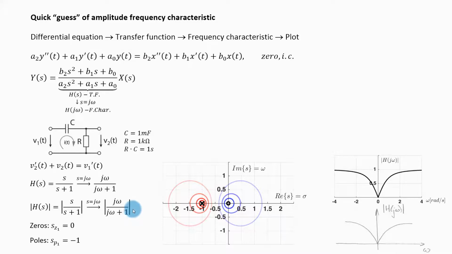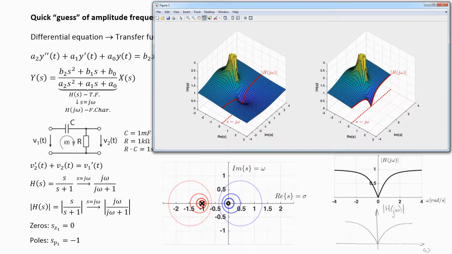Now, what if I want to be able to draw this without MATLAB? To do this, I first need to be able to imagine what this magnitude of the transfer function is. This magnitude of the transfer function is actually a real valued function of a complex variable. So essentially, its plot is going to be a surface over the complex plane, that is, over the s-plane.